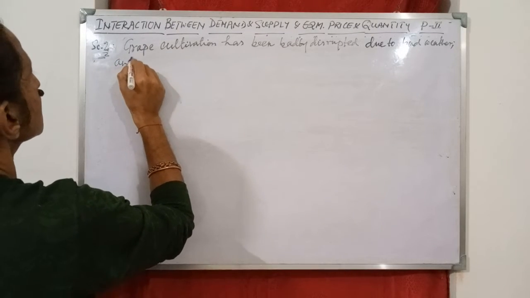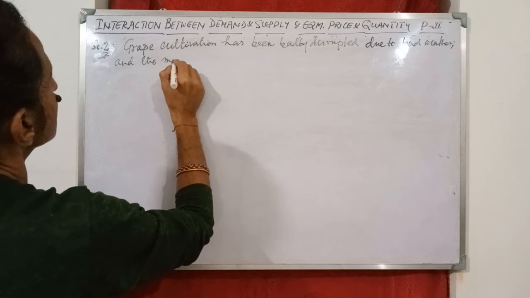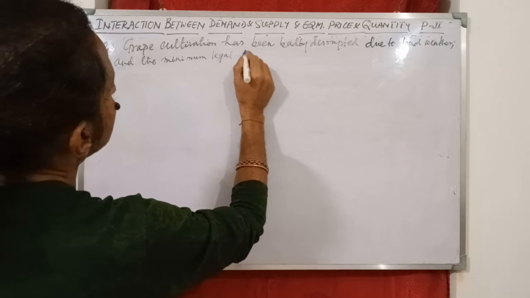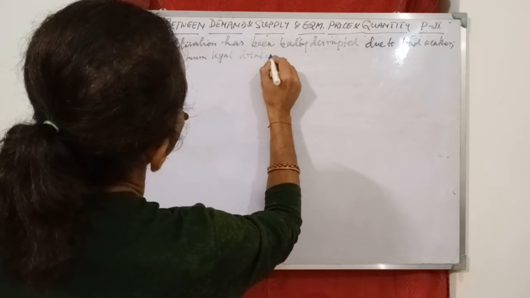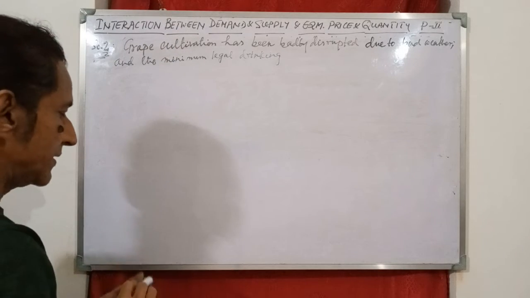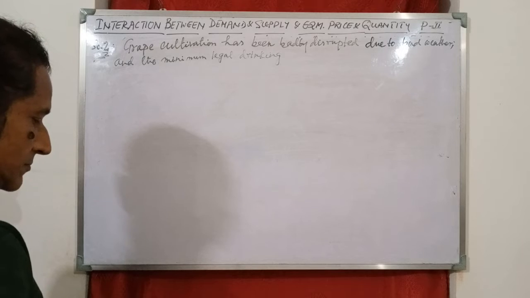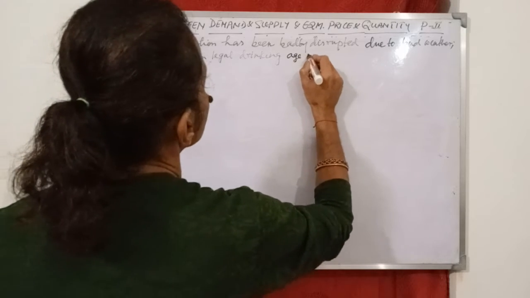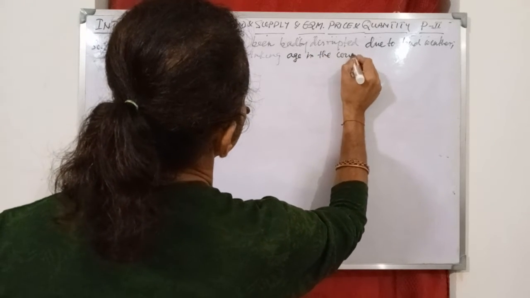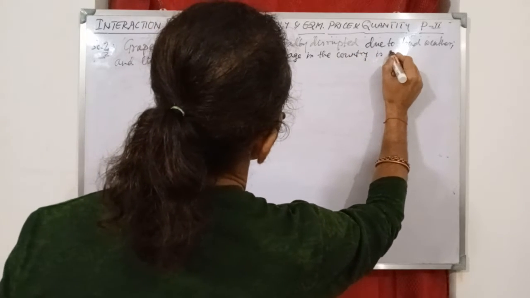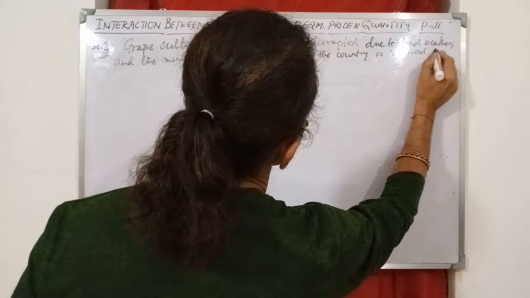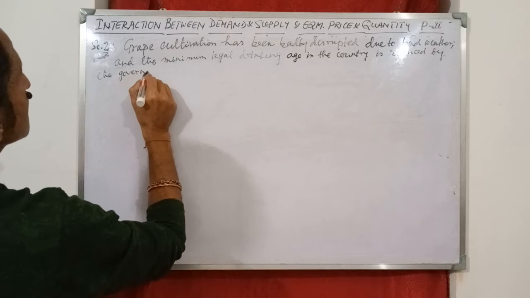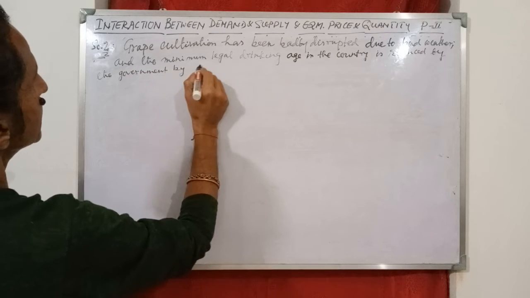And the minimum legal drinking age, that is drinking of alcohol, the minimum legal drinking age in the country is reduced by the government by 3 years.